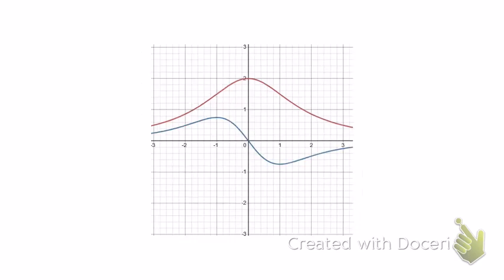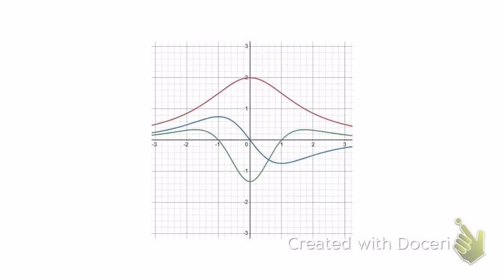Here I went ahead and graphed the first derivative function. That's what it looks like. And we're seeing where's its critical number? Right there. And then I put the second derivative graph in. So now look what it's saying.